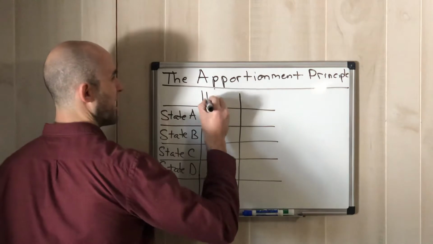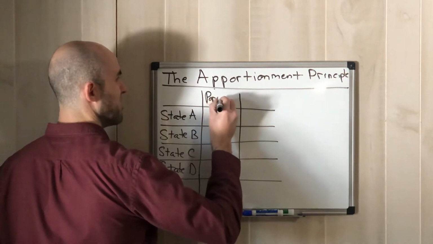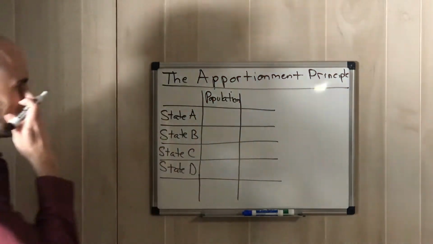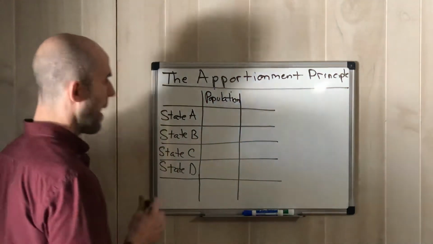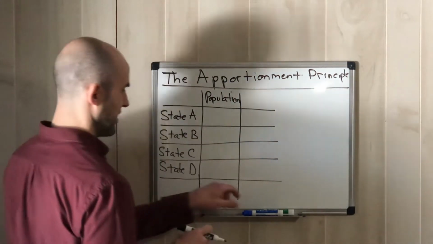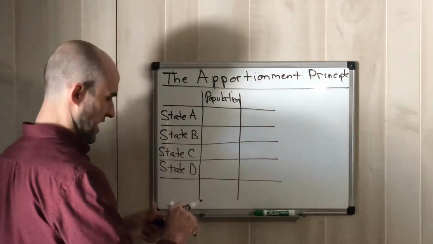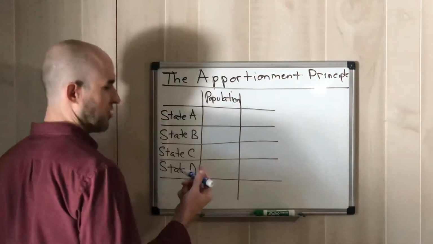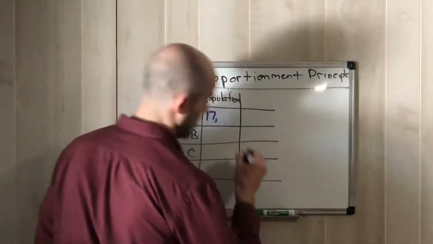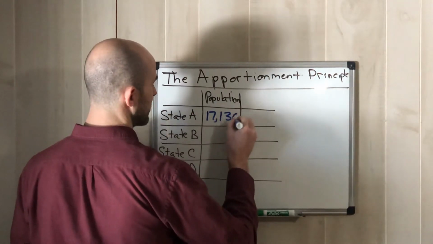So the first thing I'm going to give you for each of them is their population, right? How many people actually live in each of these states? So the population for state A is going to be, here, let me write this in different colors, just so it's not all the same for you guys. The first state is going to have 17,130 people.